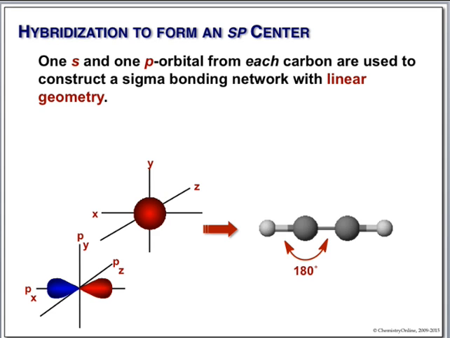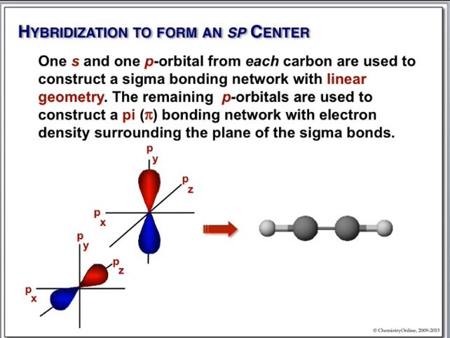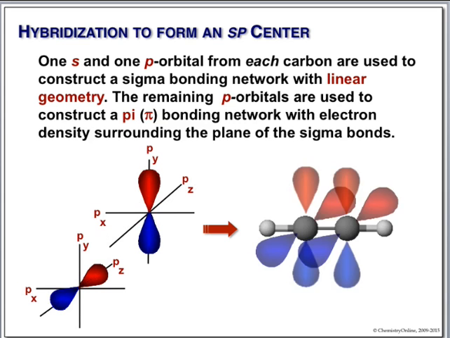Again, valence shell theory tells us that we want to be 180 degrees to get everything as far apart as we can. Now, just like we had leftover p orbitals, here we're going to have lots of leftover p orbitals. Every carbon's going to have two, so if we put them around there, this is what it looks like.